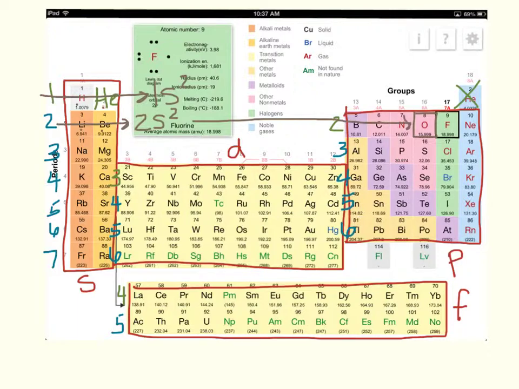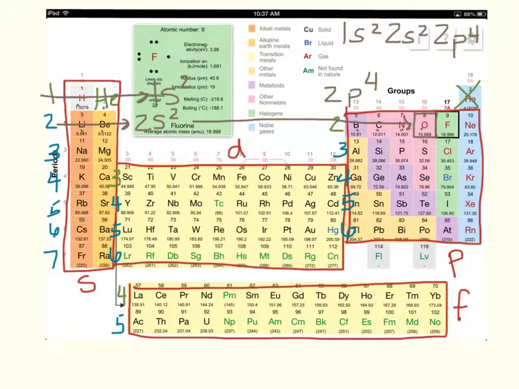Now I'm still in row 2, but I've entered the P block, so I'm in sublevel P, and I went across 1, 2, 3, 4 elements, so it's 2p4. So my electron configuration for oxygen is 1s2, 2s2, 2p4. That's how I can use the periodic table to shorten my electron configuration.